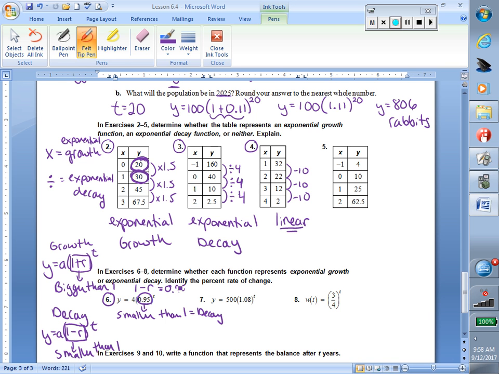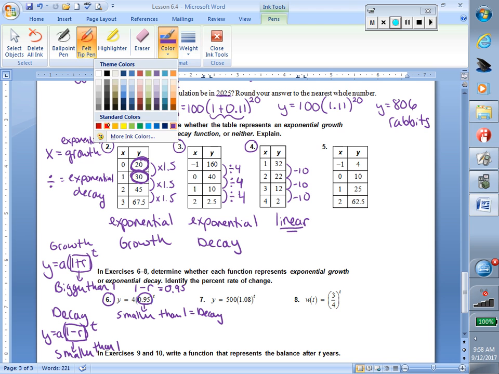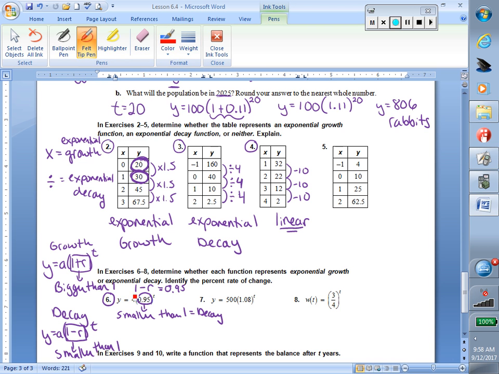Just solve that little equation. We subtract 1 from both sides. We get negative r equals negative 0.05. So that means positive r equals positive 0.05. Change it back to a percent.